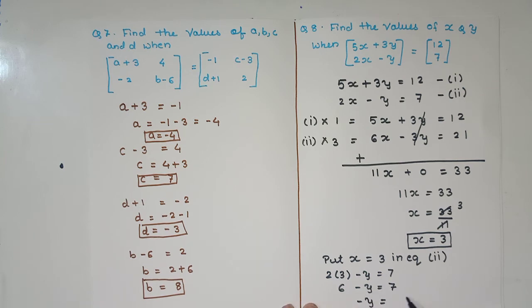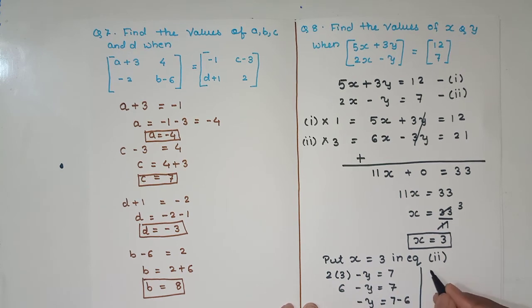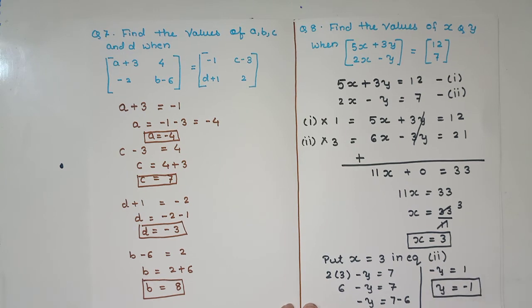Minus y equals to 7 minus 6. Means minus y equals to 1. Means y equals to minus 1. So what are your values of x and y? X is equals to 3 and y is equals to minus 1.